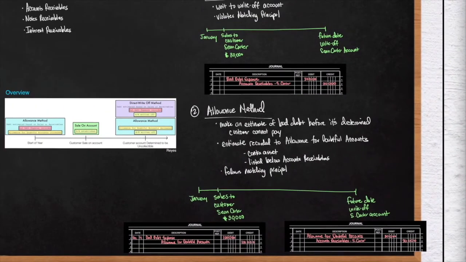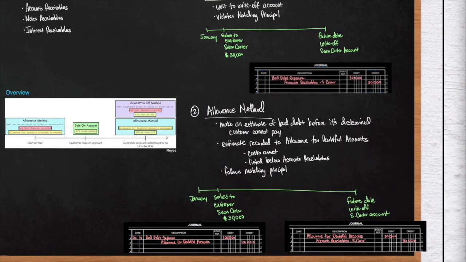If you notice, again, the allowance method requires 2 journal entries, one for the estimate, and then the second one for the write-off. And up here, the direct write-off method only requires 1 journal entry, and that's when we write off the actual account. If you notice, the bad debt expense is not recorded until later, whereas with the allowance method, you record the bad debt expense even before you know which customer will not pay you.